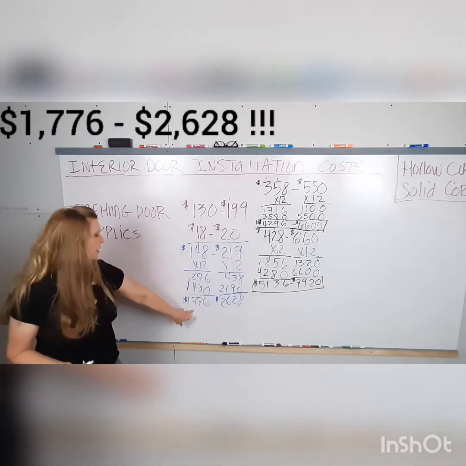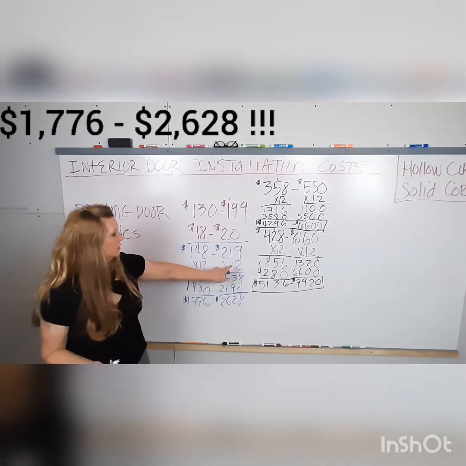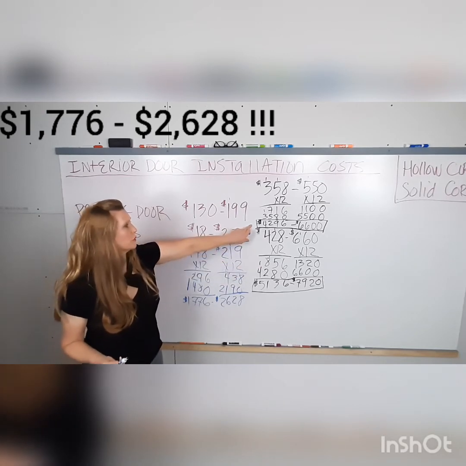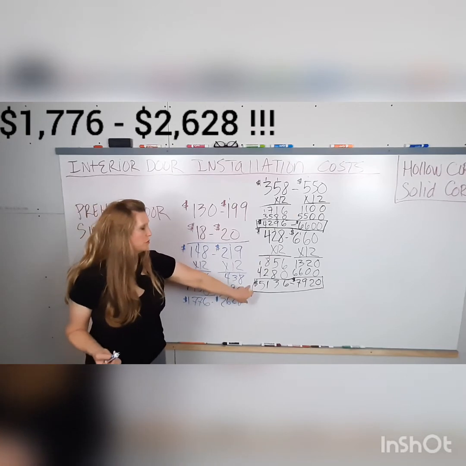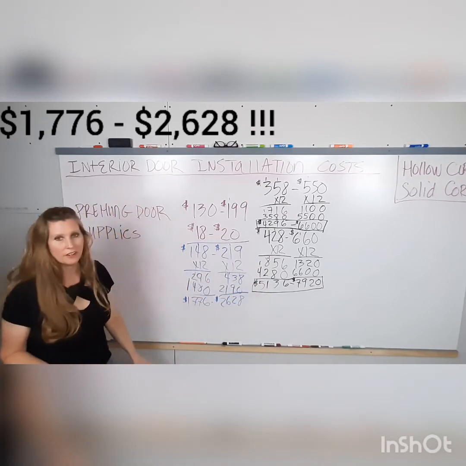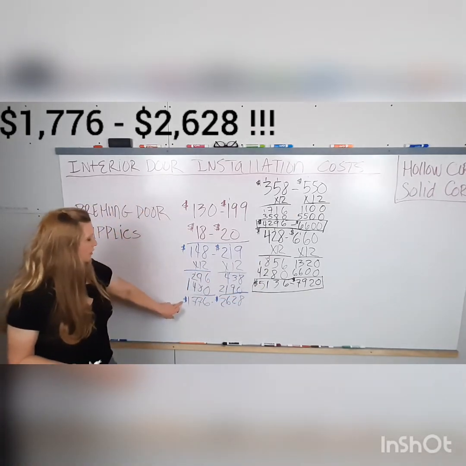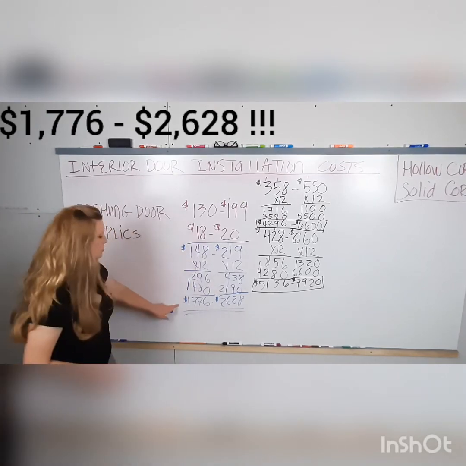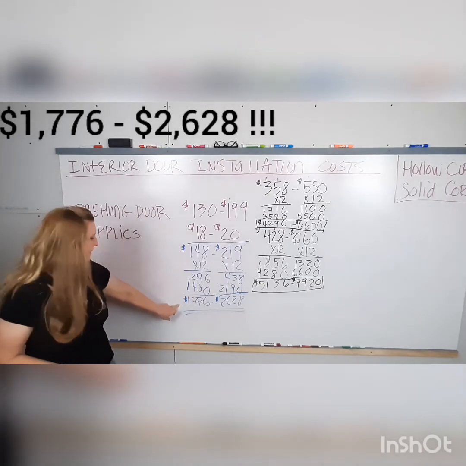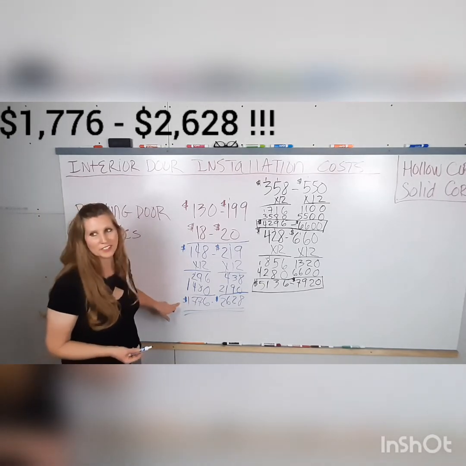Wouldn't you rather pay this than $4,296 to $6,600 or $5,136 to $7,920? I would much rather pay this to install all my doors. That's a huge cost savings right there.